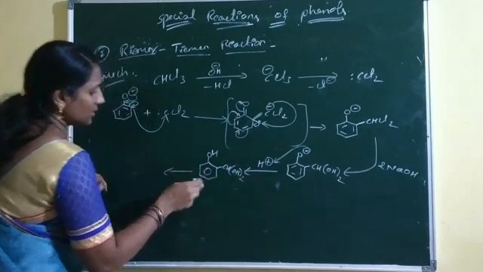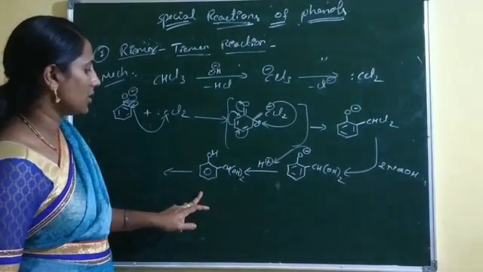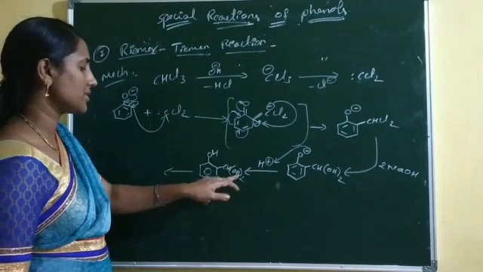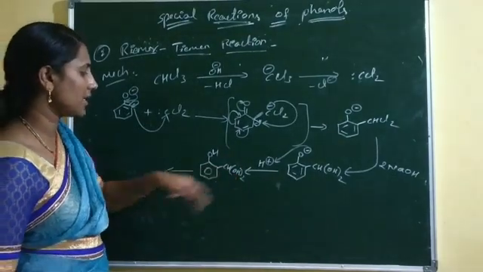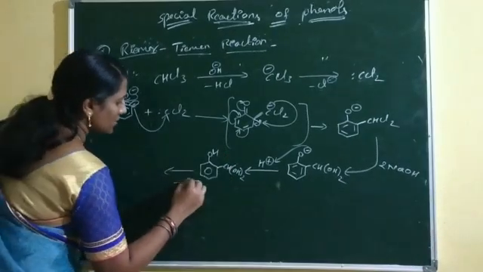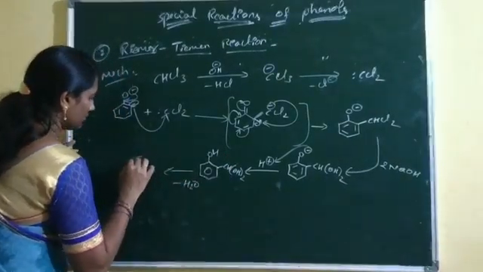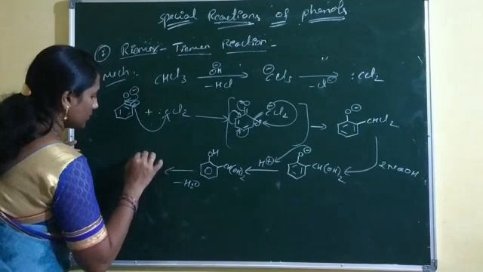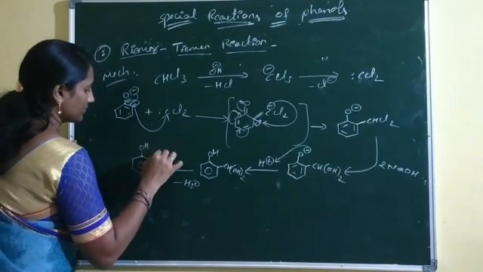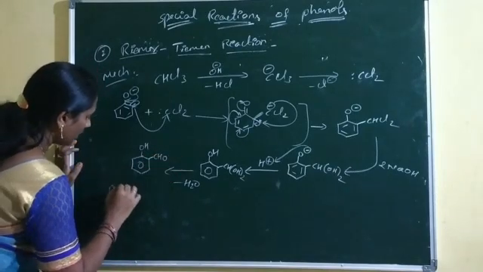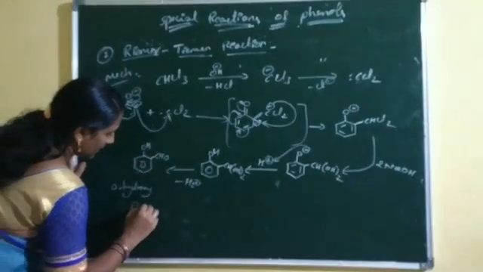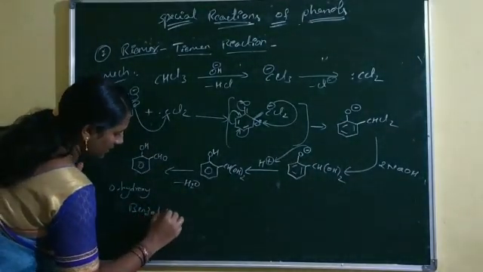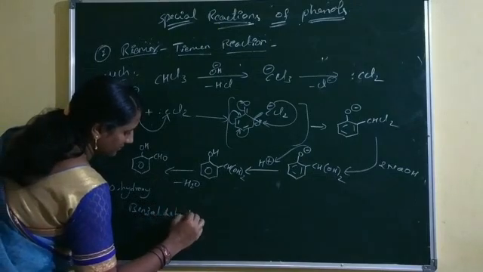You know that this compound is very unstable because 2 hydroxy groups do not exist on the same carbon. Immediately these 2 hydroxy groups turn into an aldehyde group by the elimination of a water molecule to form ortho-hydroxy benzaldehyde.